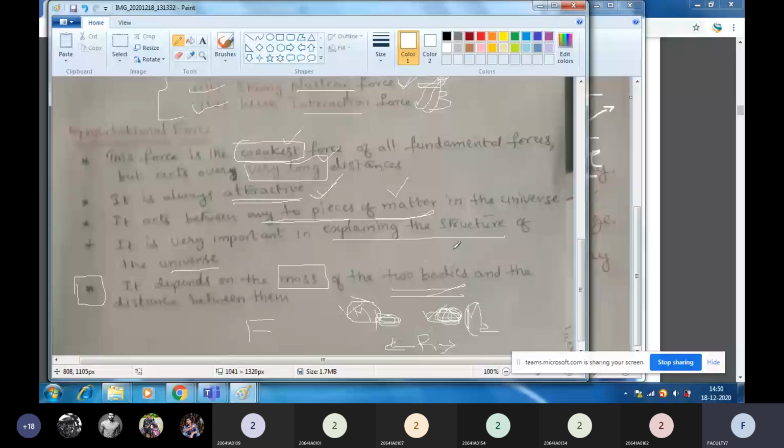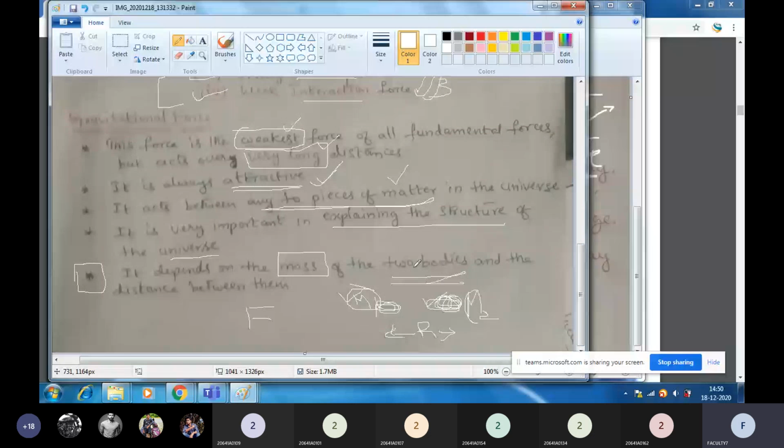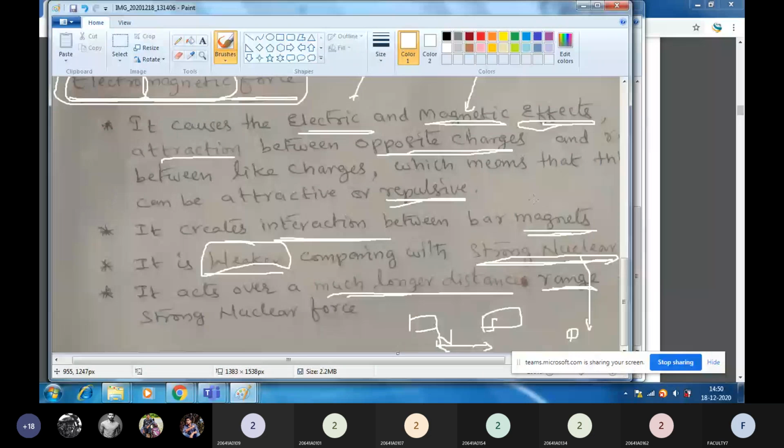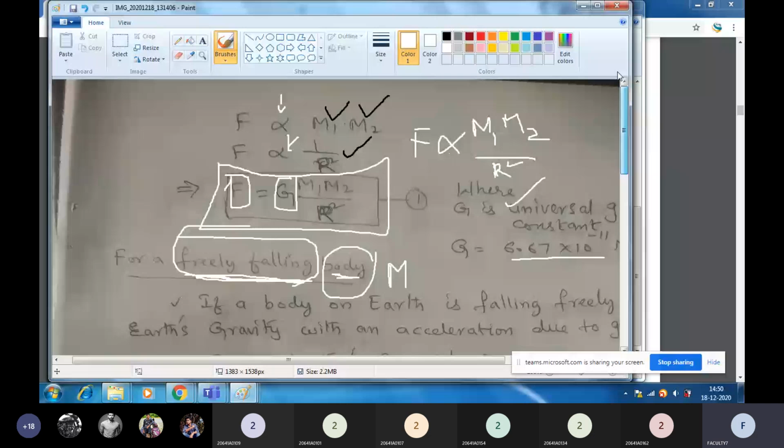Thereafter, we had seen certain equations. So what might be the expression for the force that we had seen as the next point? For that we had given two equations. F equals G m1 m2 by r square. Now if you substitute the proportionality constant, capital G is the proportionality constant, we call it the universal gravitational constant.